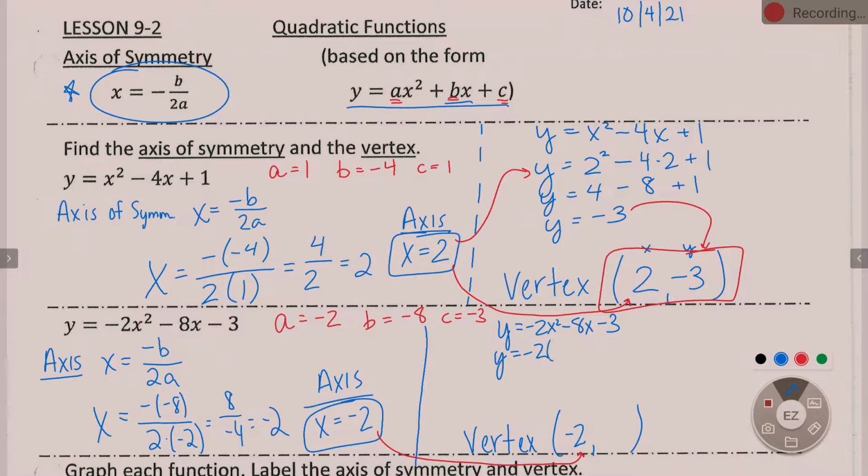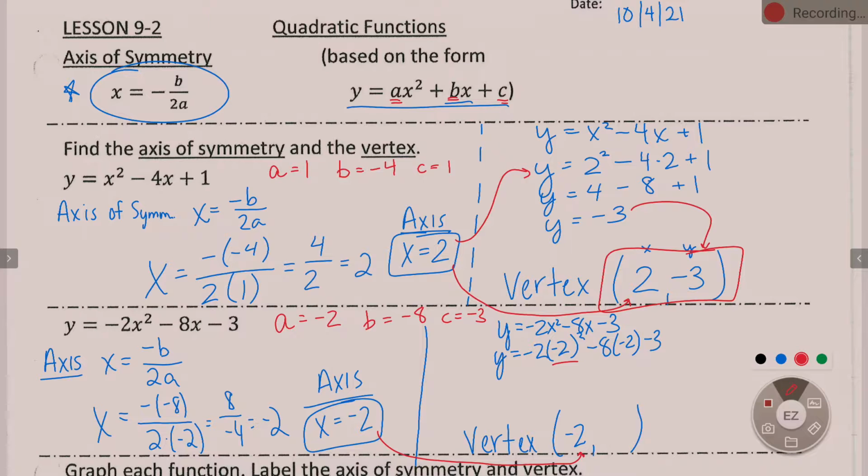Negative 2 times, what's x? Negative 2, squared, minus 8 times negative 2 minus 3. Start with those exponents first.